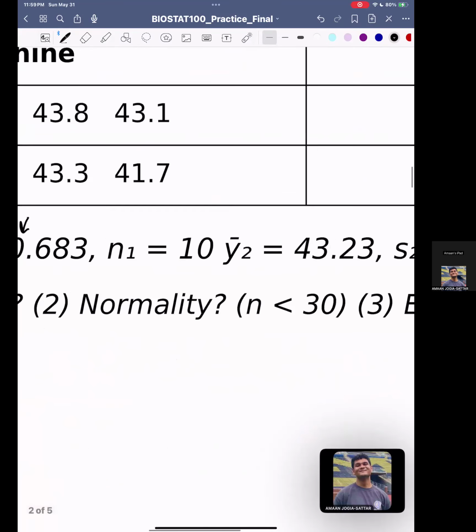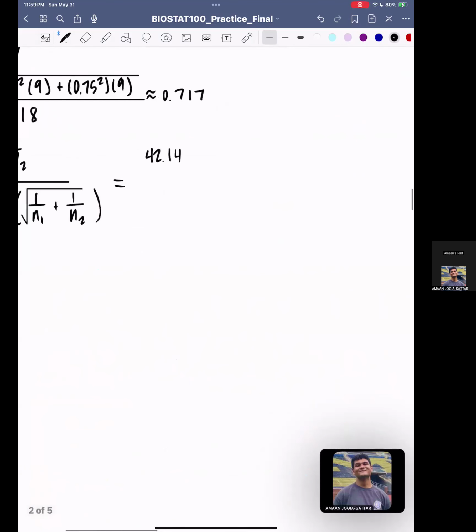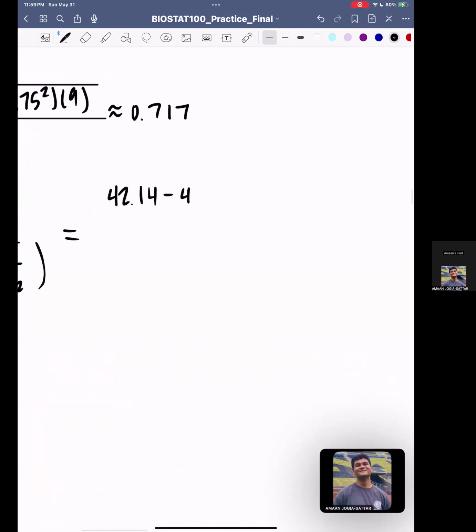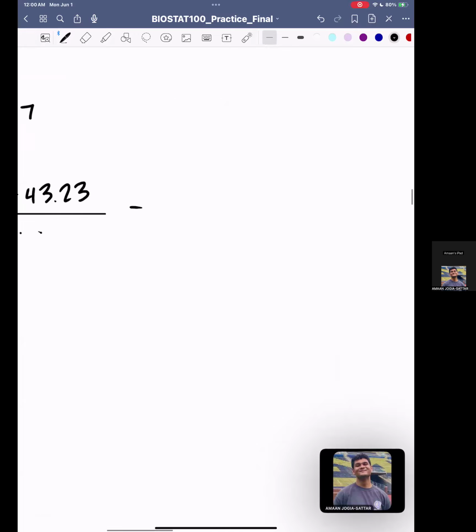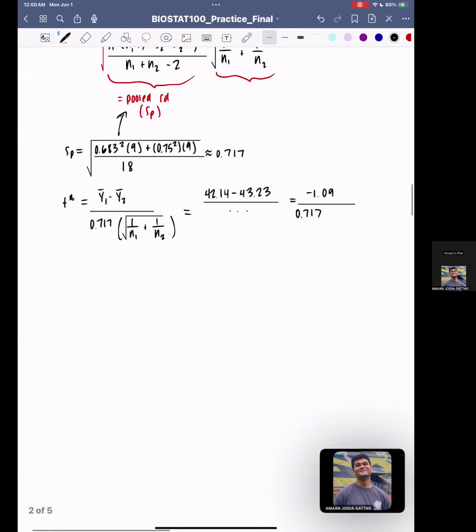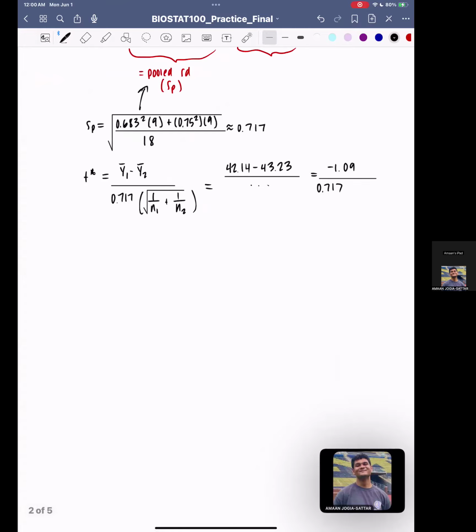Yep, minus 43.23, over all of that. And that's going to be negative 1.09 divided by 0.717, which was our pooled sample standard deviation.